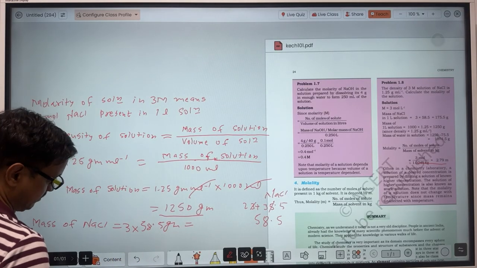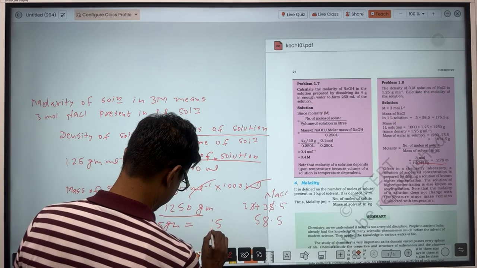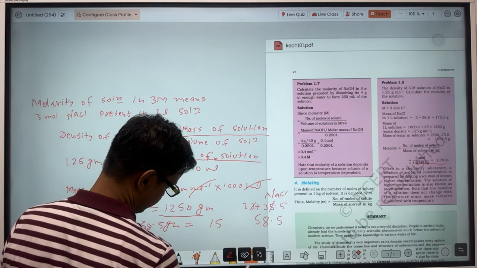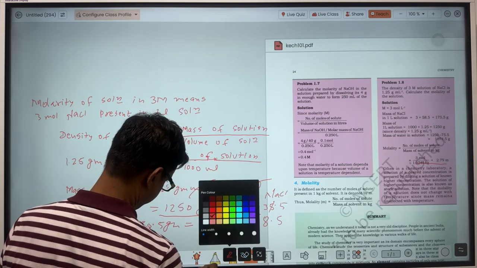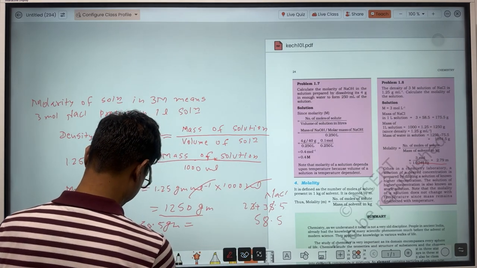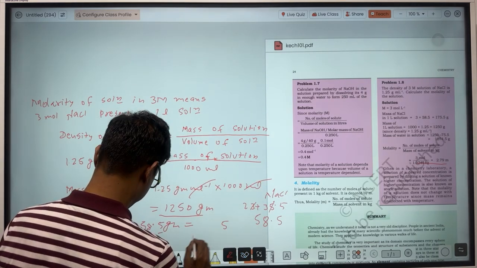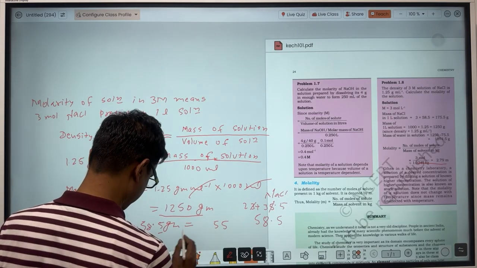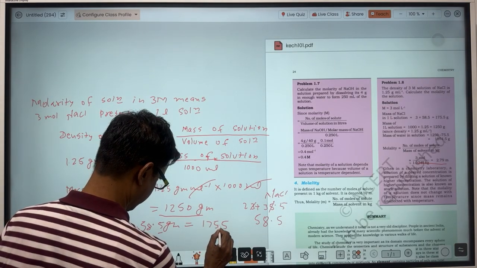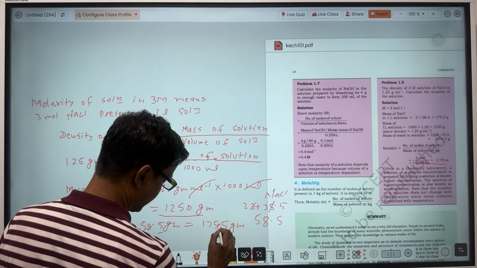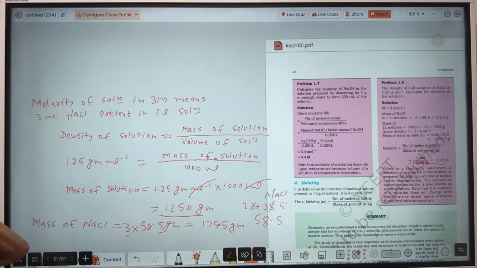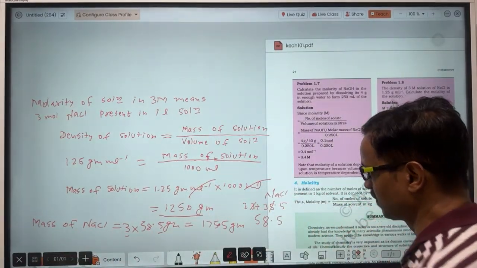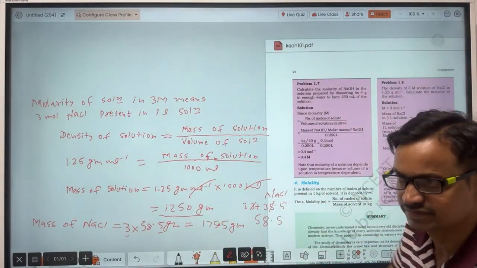And that will equal 175.5 gram. So the mass of NaCl is 175.5 gram and the mass of the whole solution is 1250 gram.